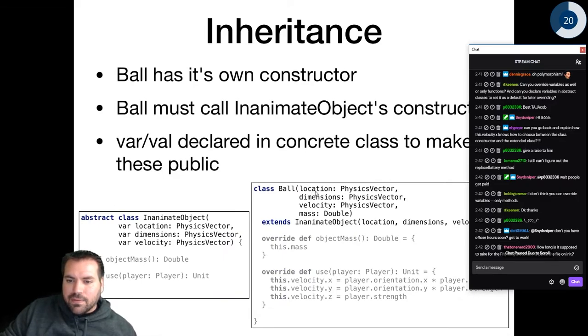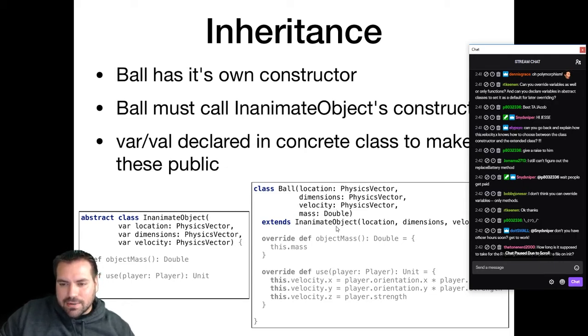So when I have the ball's constructor, I should have named these input location, input dimensions, input velocity, and then given those to the inanimate object. So now down here when I say this dot velocity, then I know it's getting the velocity variable from inanimate object.